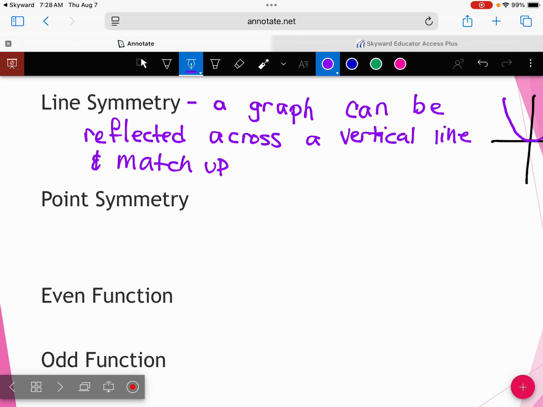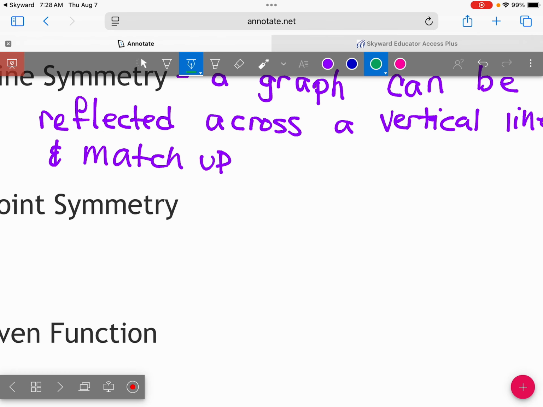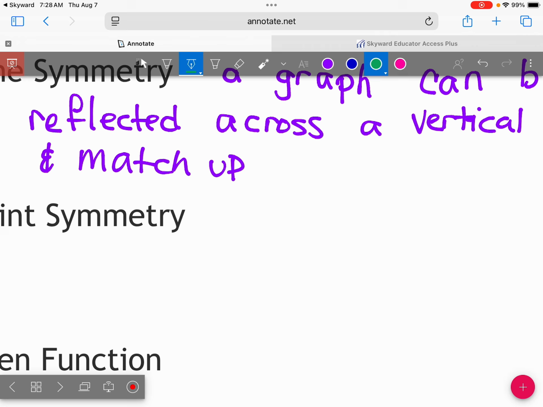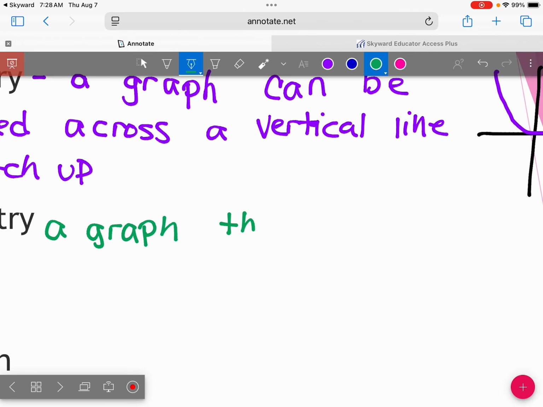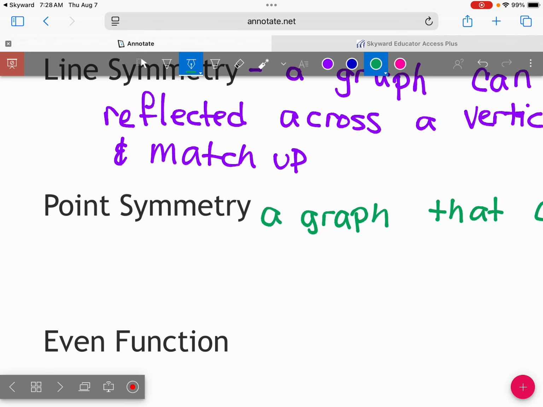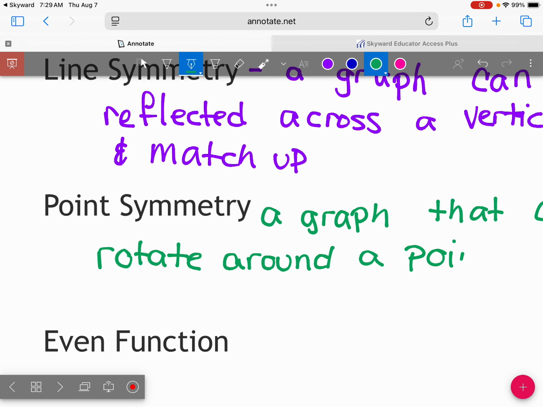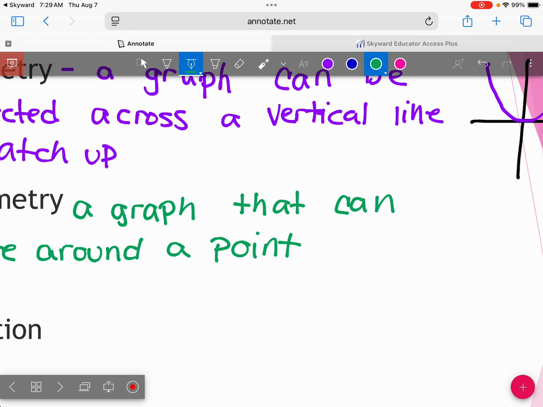Then our other one is point symmetry. Point symmetry is a graph that can rotate. It's not a reflection this time, it's a rotation, around a point and match up.